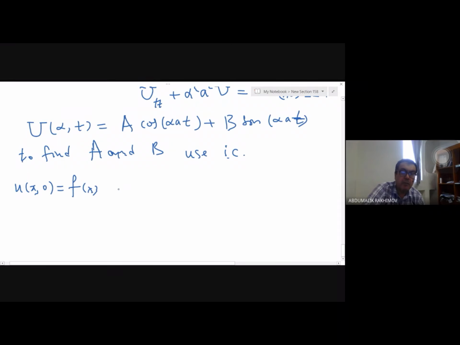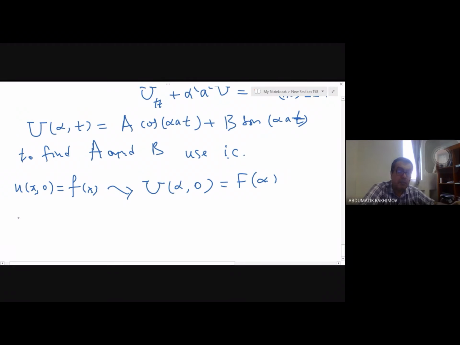So if you transform this equation, u is changing to be capital U, x is changing to alpha, t no changes, t is 0 in both sides. So what will be this f(x)? Its transformation is capital F of alpha. Whatever f, give me your f, I can find for you its Fourier image, right?